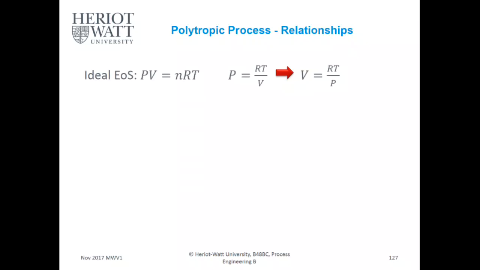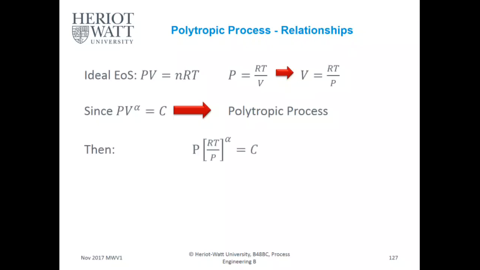Just going over it for pressure this time. PV equals nRT, P equals RT over V, and V equals RT over P. Since PV to the alpha equals constant, again, you plug in for volume. You get T to the alpha over P to the alpha, times P, so you can bring your P down to become P to the negative 1 to give you that constant.